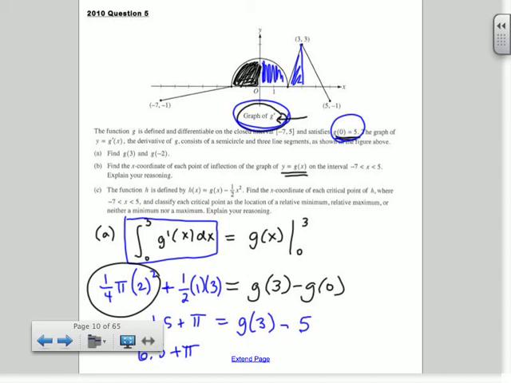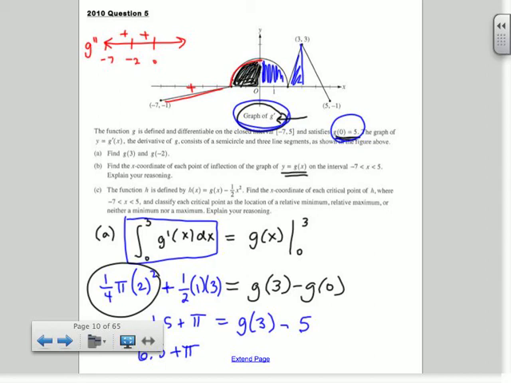So basically, if I had done a little chart for G double prime, I'm talking about the slope of this. Between -7 and -2, my slope is positive. Then my slope is still positive until 0.